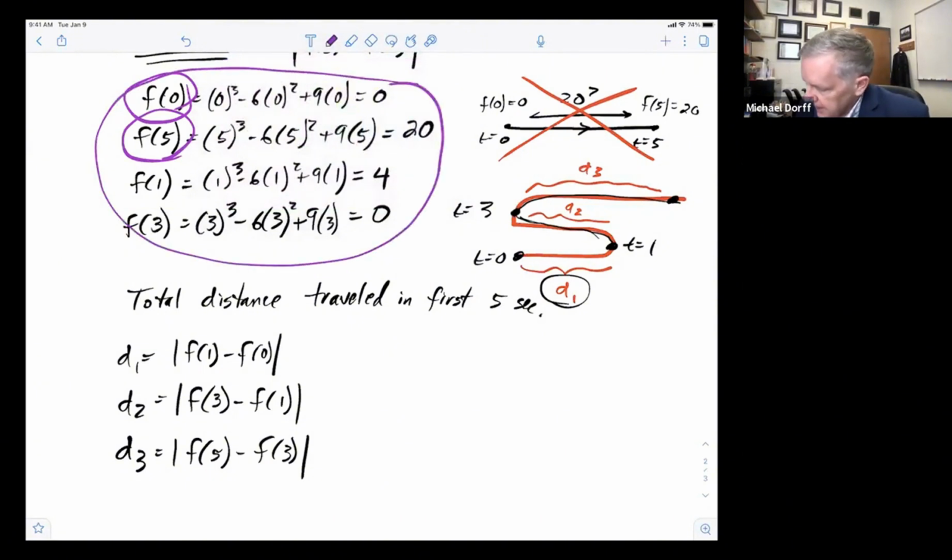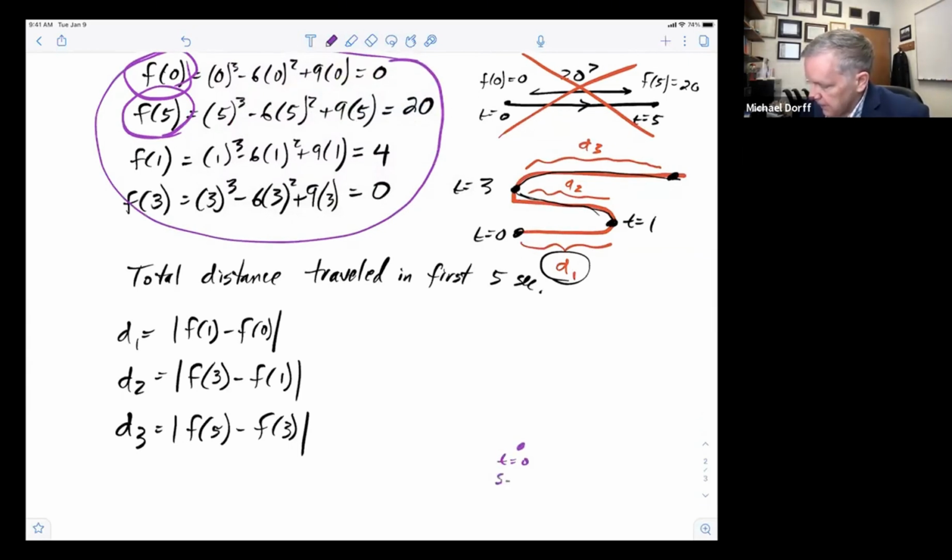And so if I look at my diagram here, at t equals 0, s is 0. And then at t equals 1, we'll put right here, t equals 1. The distance it's traveled is 4. So that's 4 units there. And then it starts going backwards.